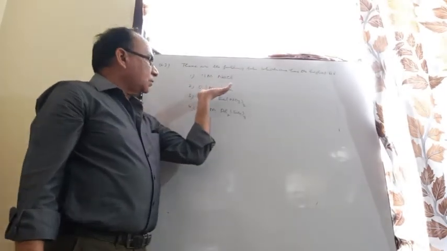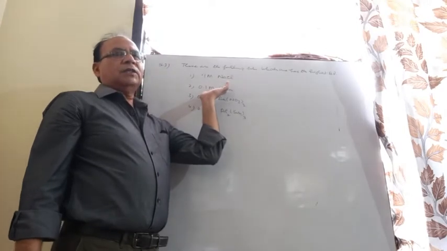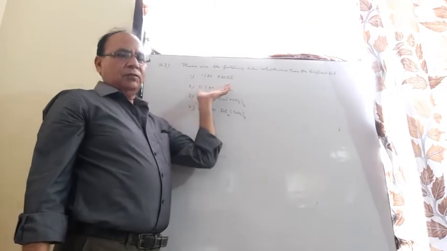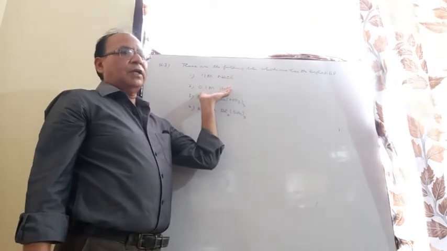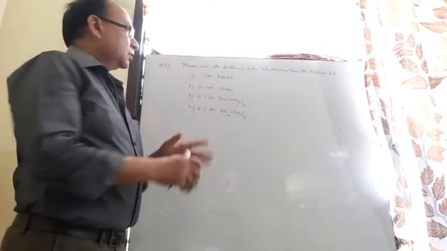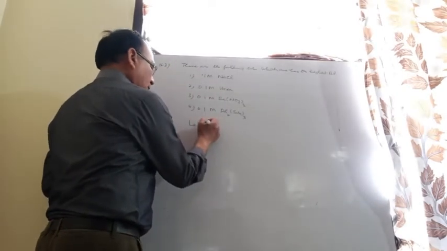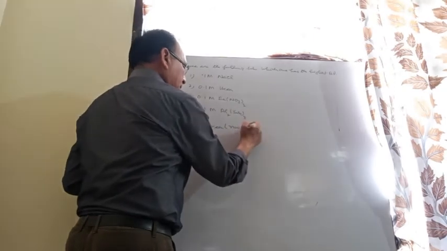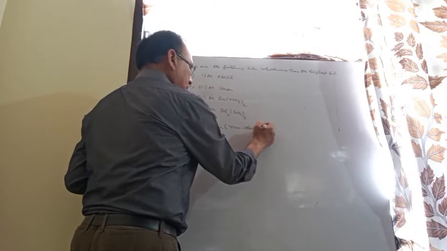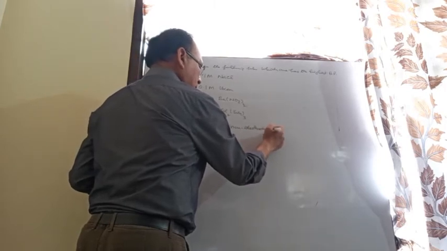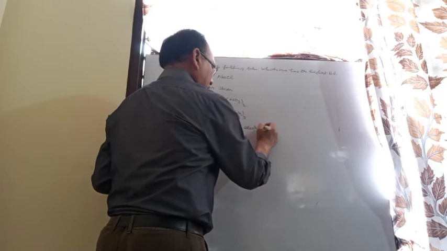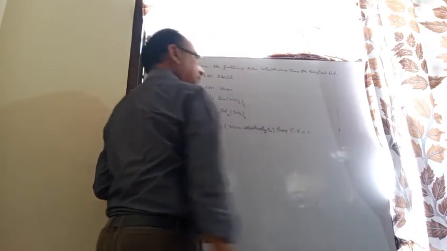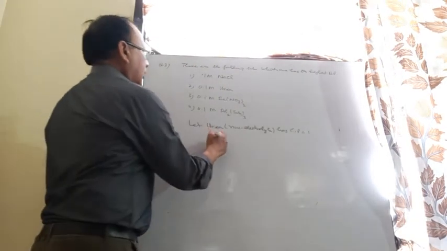Because urea does not undergo dissociation or association, we can consider urea to have the lowest value of colligative property, that can be considered 1. So urea, which is non-electrolytic, has colligative property 1.